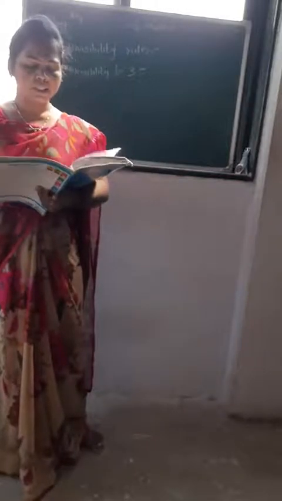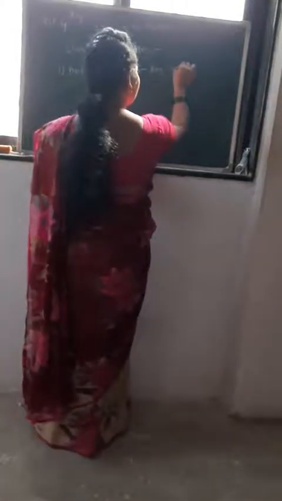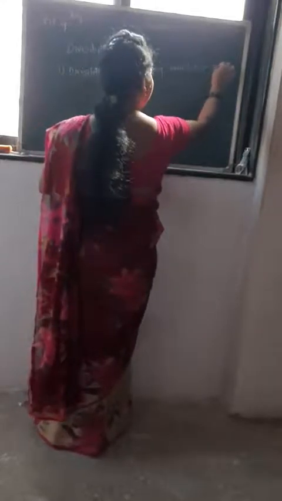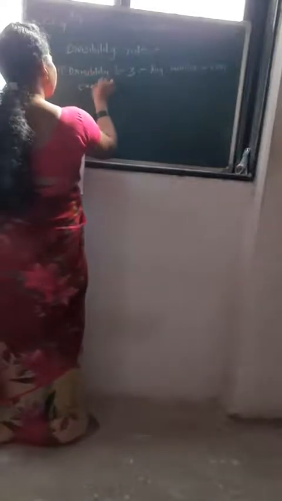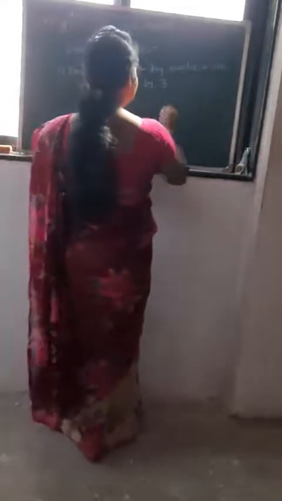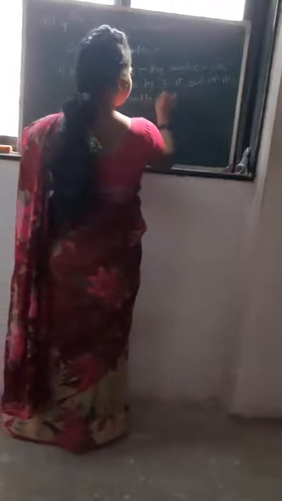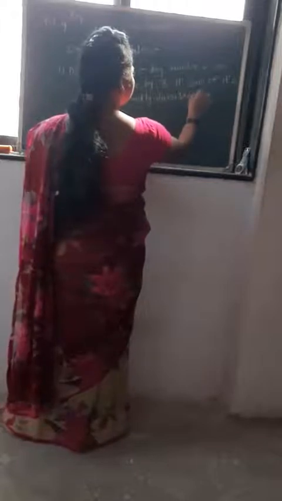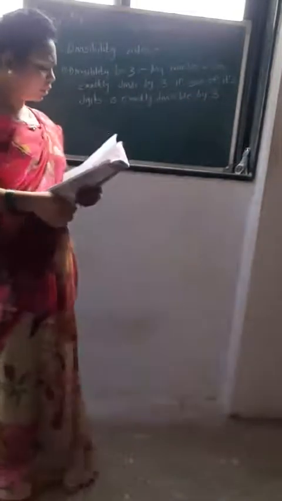Any number can be exactly divided by 3 if the sum of its digits is exactly divisible by 3.